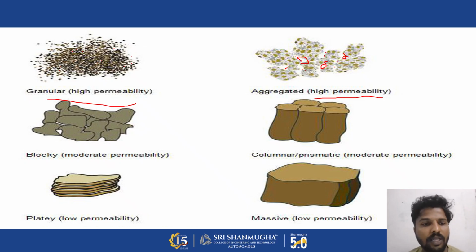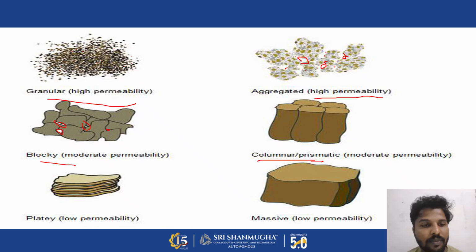The second one is the blocky and columnar or prismatic structures. You can see these pictures have very limited or partial pore spaces compared with the above structures like granular and aggregated. You can see only a very small amount of pore spaces.